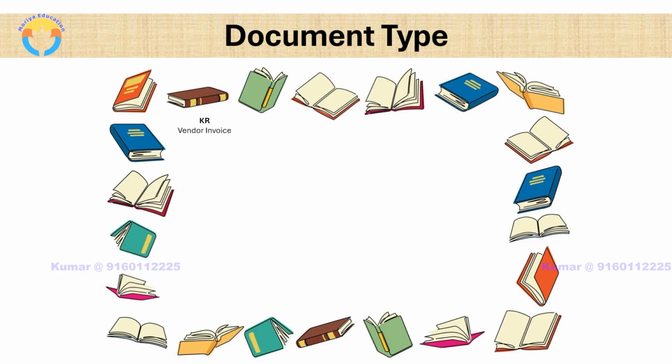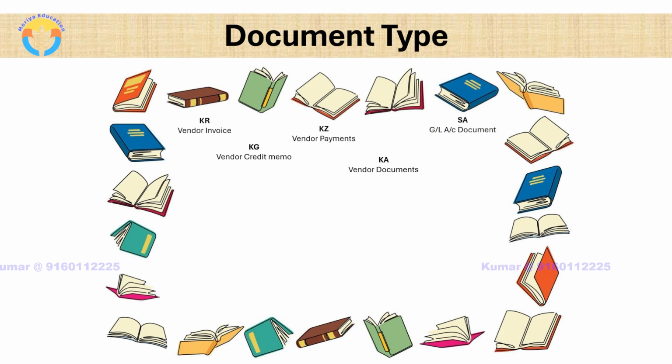KR is for vendor invoice. There are almost around 50, 60. So KG is for vendor credit memo. KZ is for vendor payments. KA is for vendor documents. SA is for GL account document. X2 is for sample documents. X1 is for recurring documents.